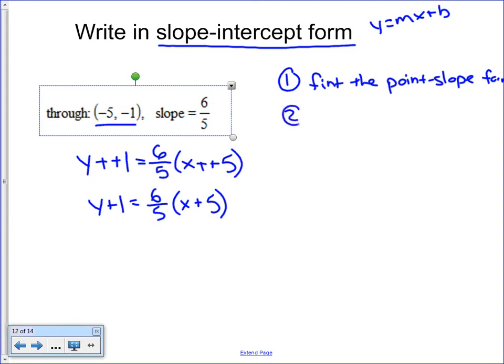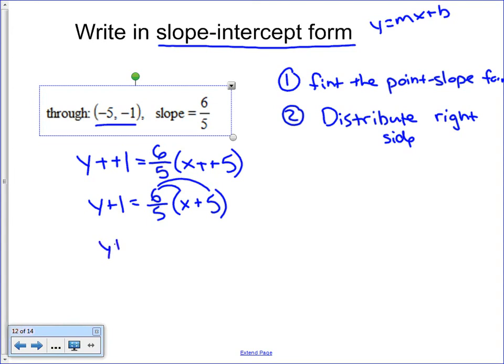Now step 2, what you're going to do is a little math manipulation. So what you're going to do is distribute the right side. So this guy we're going to pull through.